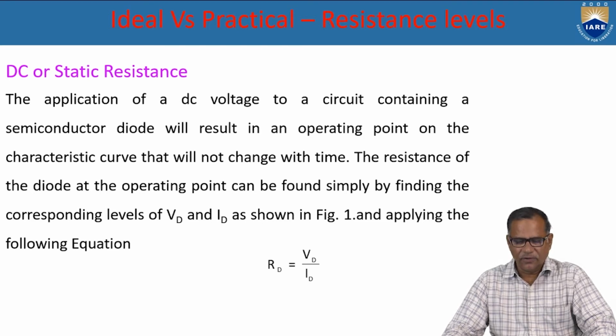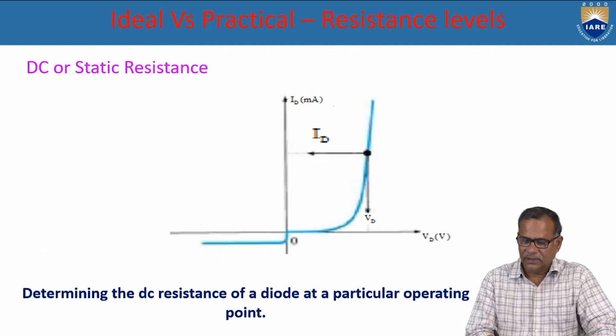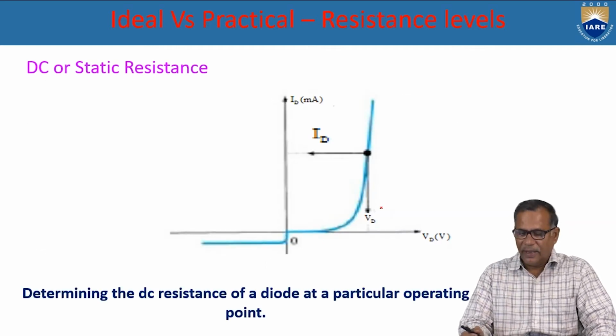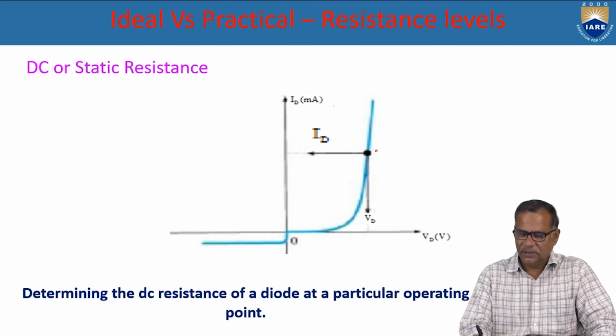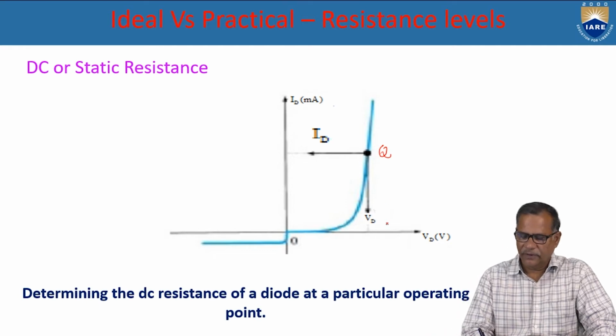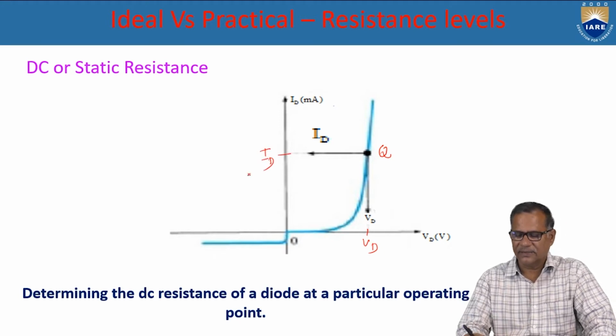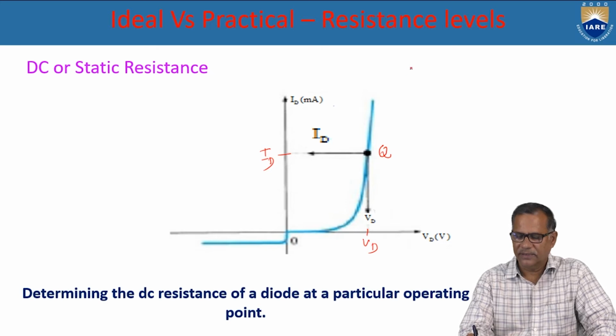The resistance at the operating point can be found by simply finding the levels of VD and ID. For example, on this VI characteristic of the diode, this is the operating point Q, where the voltage is VD and the current is ID. So the DC resistance RDC is equal to VD by ID.